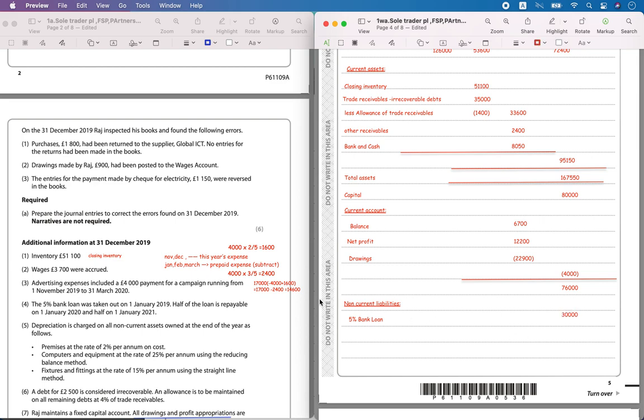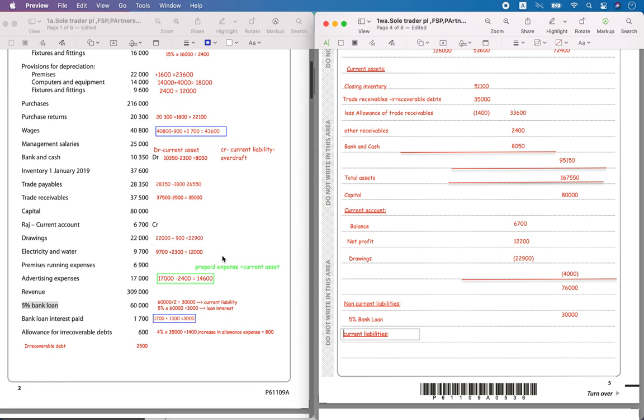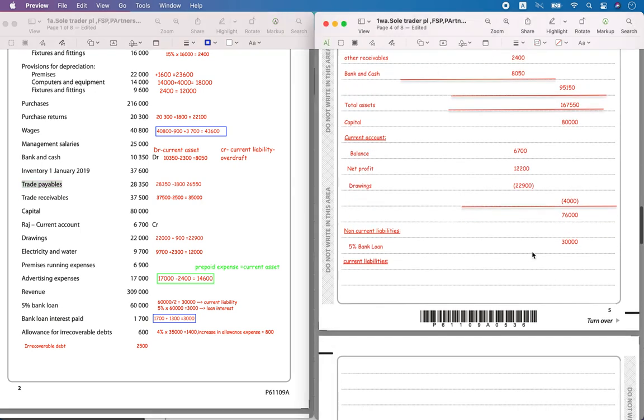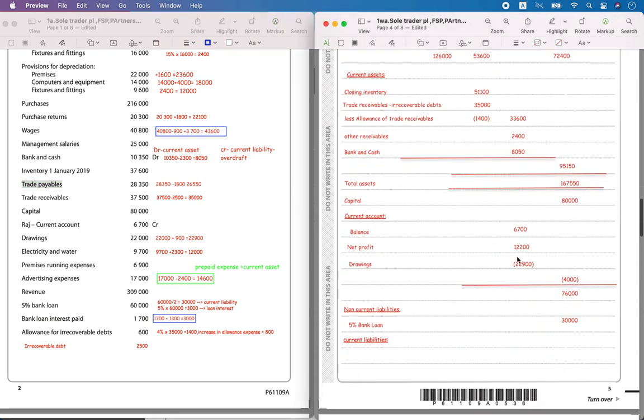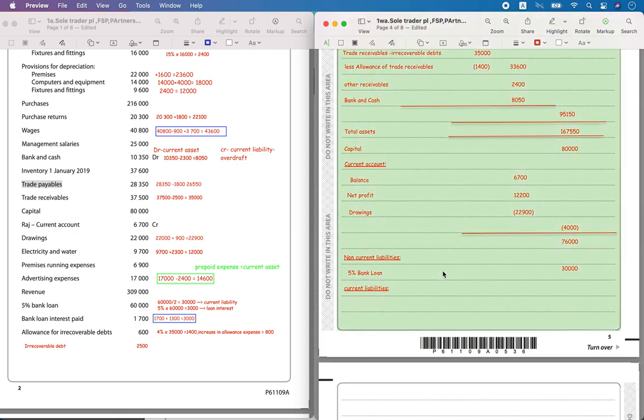I still will have time to pay it, whereas my current liabilities are going to be this 5% loan, trade payables and other payables. So let's write that. First let's write trade payables, which I have to pay within a year.